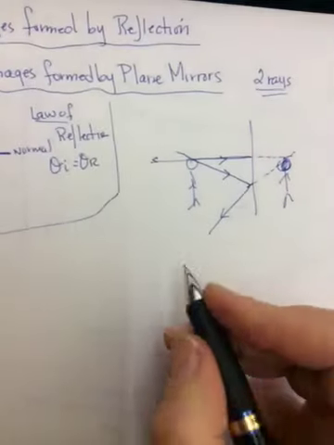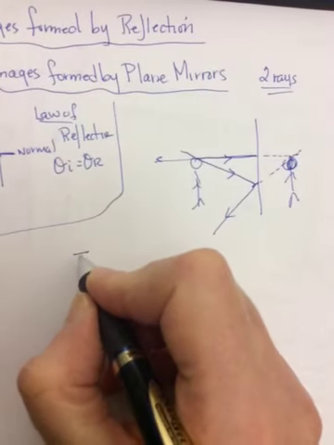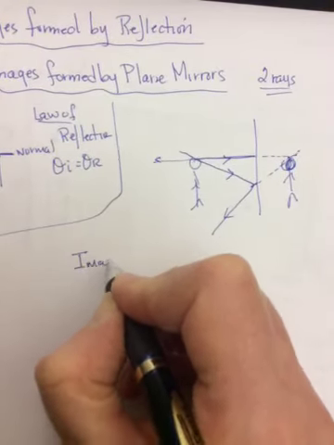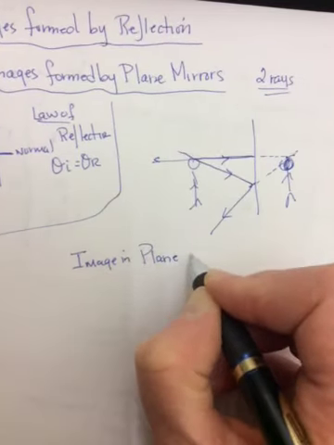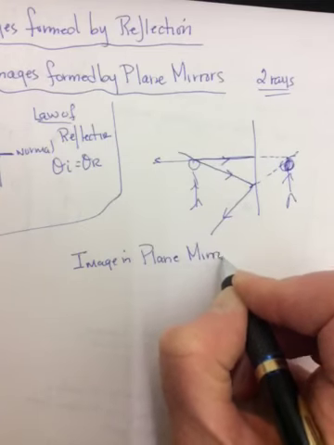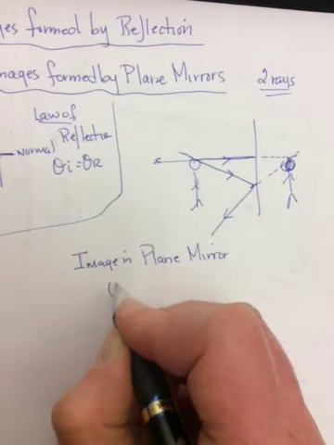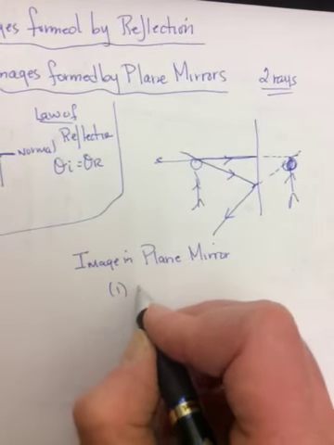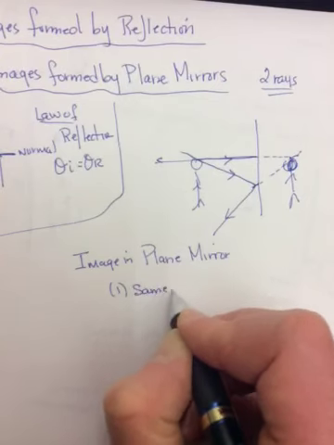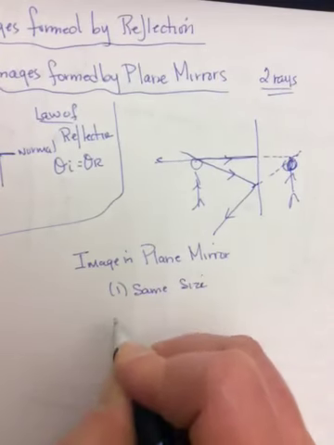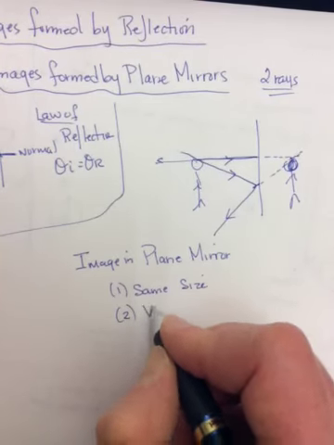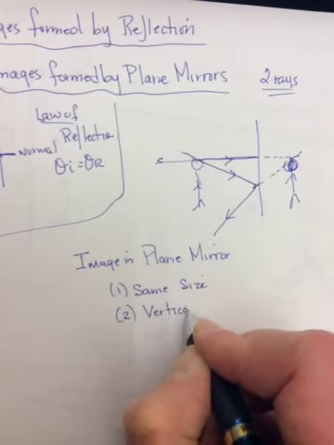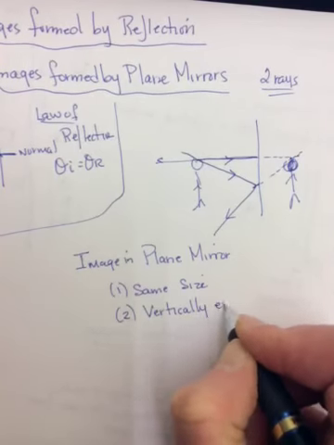All right, so what are the characteristics of an image in a plane mirror? When you look at yourself in the bathroom mirror, what do you see? Well, hopefully you see same size. Hopefully you see right side up, in other words, vertically erect. I'm putting vertically in here on purpose.